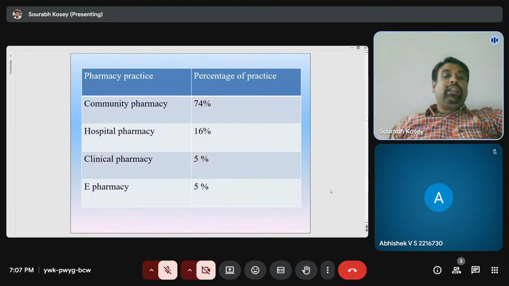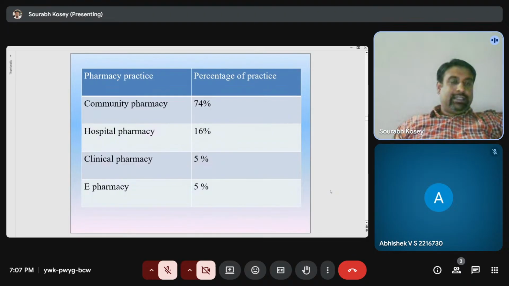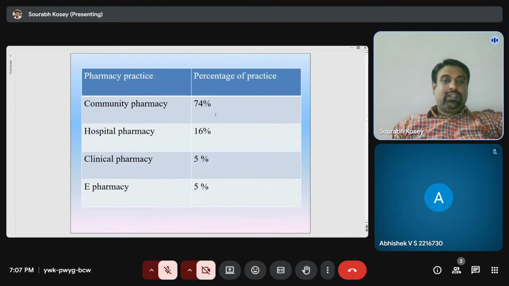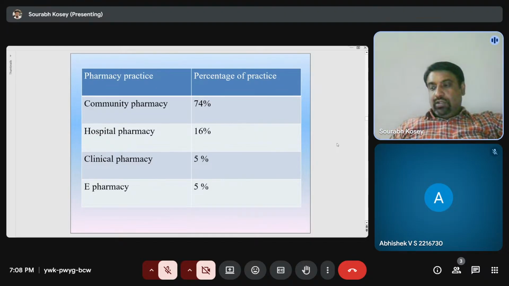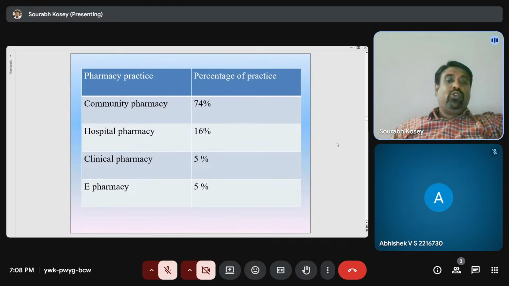So in India, typically there are 5 types of pharmacy practice. All eyes and ears to this. I'm telling you, community pharmacy is 3/4 in the country. You need to understand that pharmacy practice is one domain where 3/4 of the people live and go to the community pharmacist.